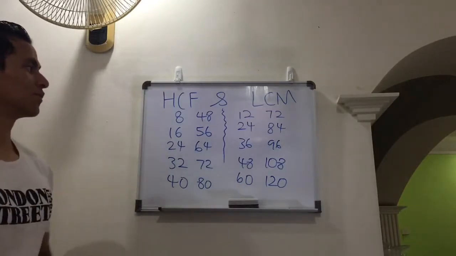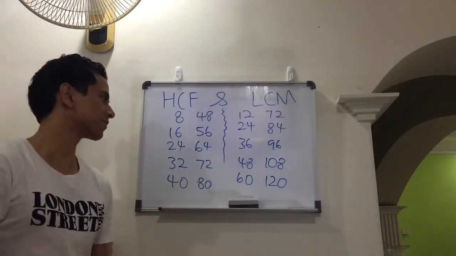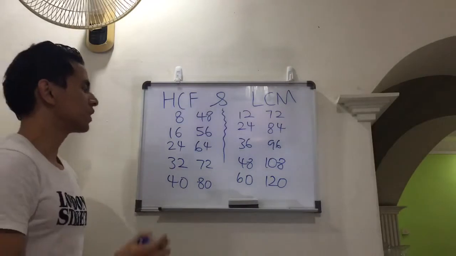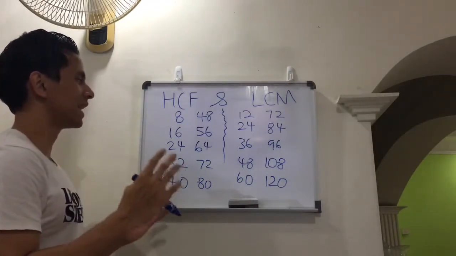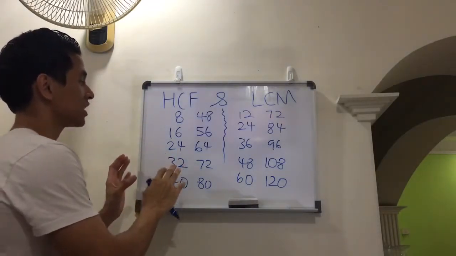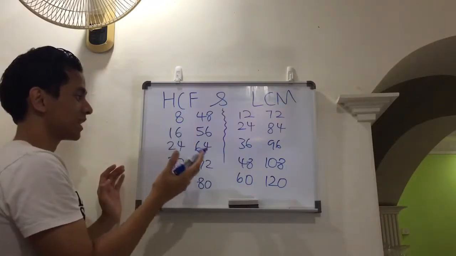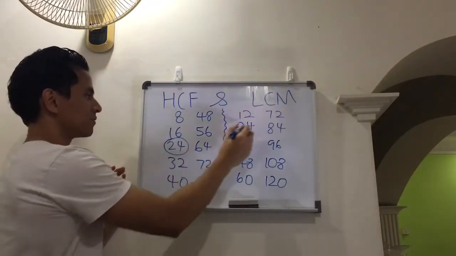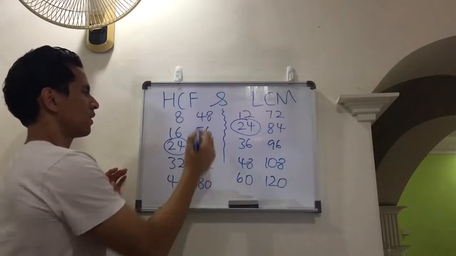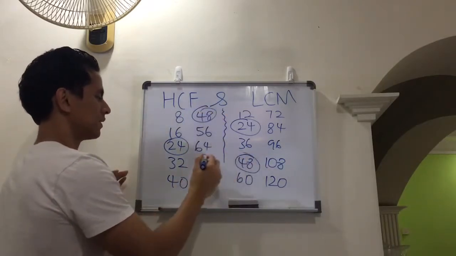So now what do we do to find the lowest common multiple in this example? First, we need to circle all the numbers that are actually in both sides. The common multiples that appear would be 24, 48, and 72.